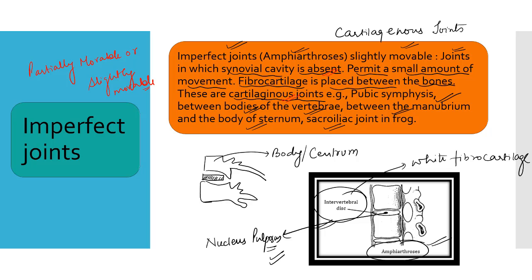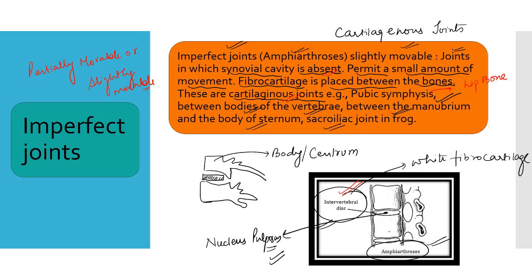These are cartilaginous joints. For example, the pubic symphysis between the hip bones, and the intervertebral disc between the bodies of the vertebrae. Here is the example of an intervertebral disc, you can see. This is amphiarthrosis or imperfect joint.